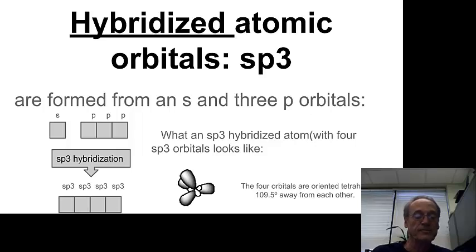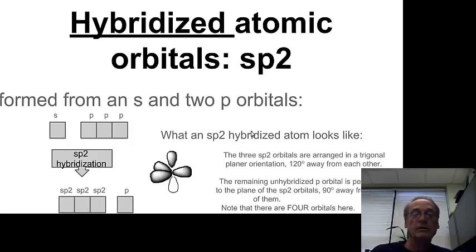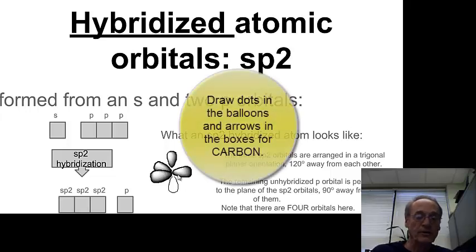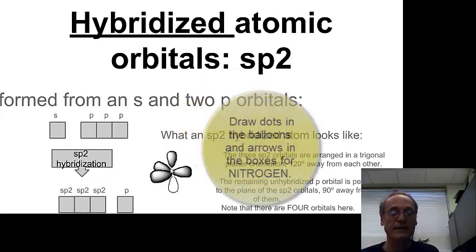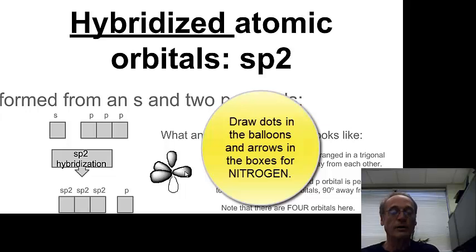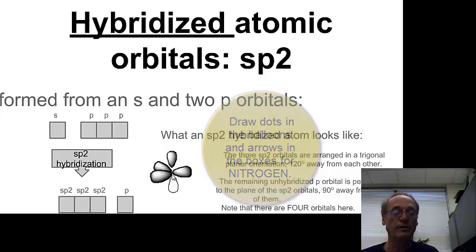And of course that would be represented by two arrows, one up and one down, one arrow, and one arrow in the boxes. Same thing is true when we talk about sp2. Is this a carbon, a nitrogen, or an oxygen, or whatever? Well, it depends. If it's carbon, then there's 4 electrons. There'd be one in that orbital, one in that orbital, one in that orbital, and one in that orbital. If this were nitrogen, there'd be 5. There'd be 5 electrons in these 4 orbitals. 1, 2, 3, 4, and then we go back and pair up one of these 3.